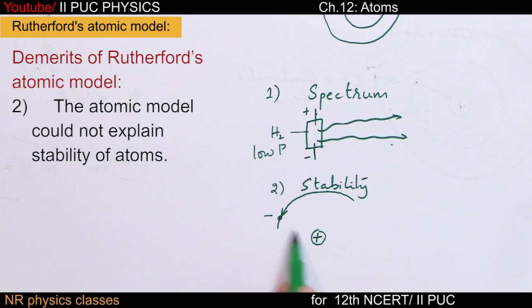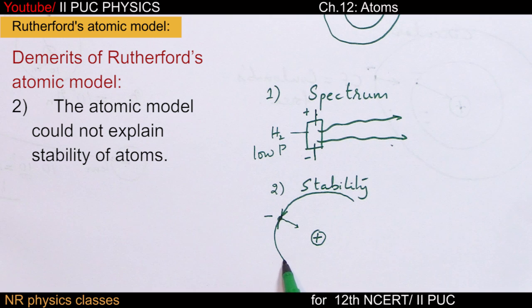Because of that attraction, this electron is constantly pulled towards the nucleus. As a result, it approaches the nucleus. As it approaches, the electron should lose energy. The loss of energy is in the form of radiation.